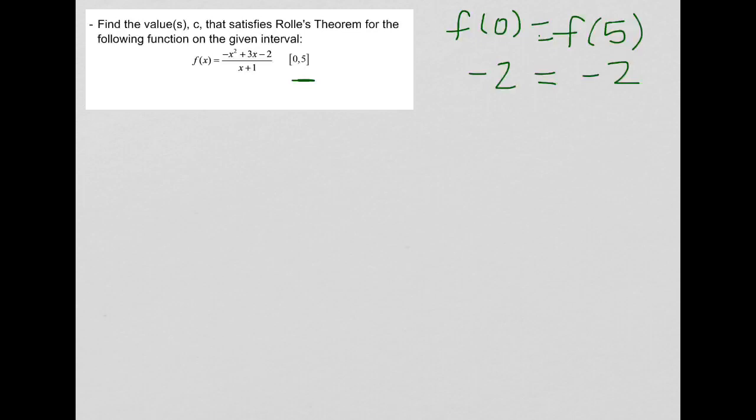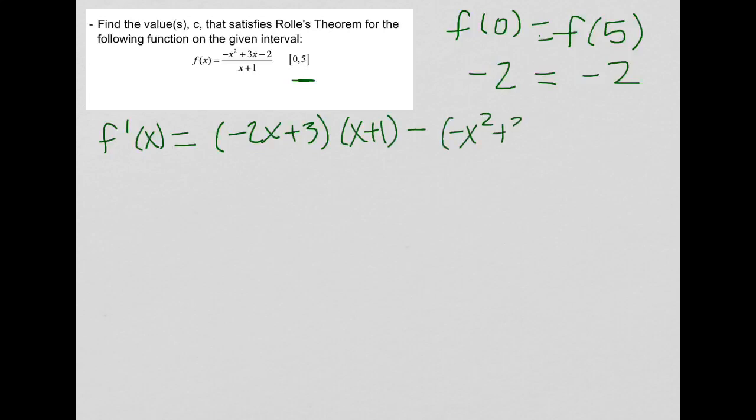But in order to find a tangent, I need a derivative. So this is a quotient. So we're going to use our Hi-Ho formula. So it's the Hi-Ho minus Hi-Do over Ho-Ho.